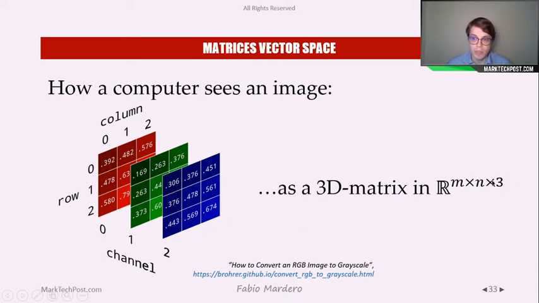The number 3 corresponds to the 3 channels of an image, which are red, green, and blue, RGB. Each cell of each channel could be a number between 0 and 255, sorry, or between 0 and 1, depending on the convention that, for example, the Python library uses.